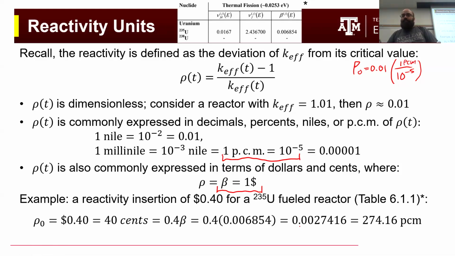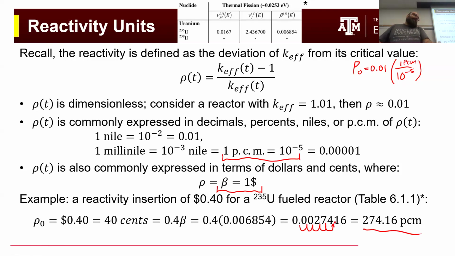And if I were to take this and move the decimal 5 places to the right, 1, 2, 3, 4, 5, then my decimal ends up right there, and then I have 274.16 PCM.